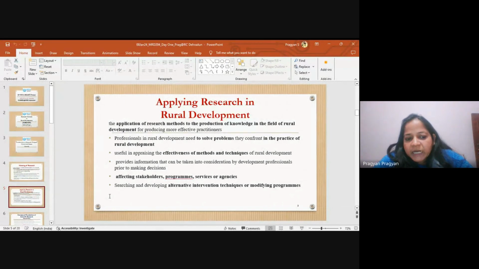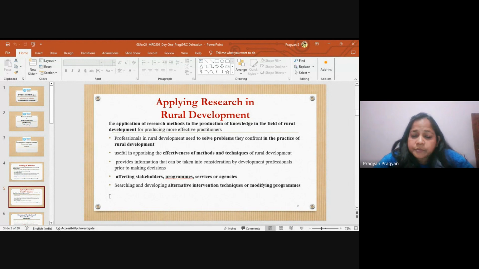So, this is a kind of unending process. That is why there is a need to understand what are the basic issues whenever we are trying to apply research in rural development. Professionals in rural development require these researchers so that they can understand problems of rural development, what are key issues, where are we lagging, why those development programs are not working.